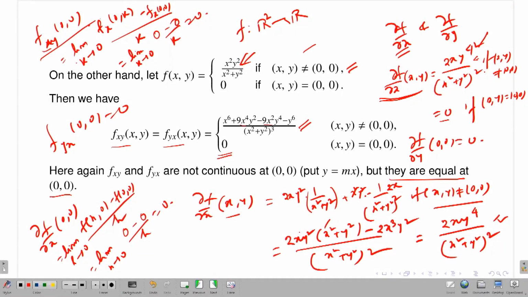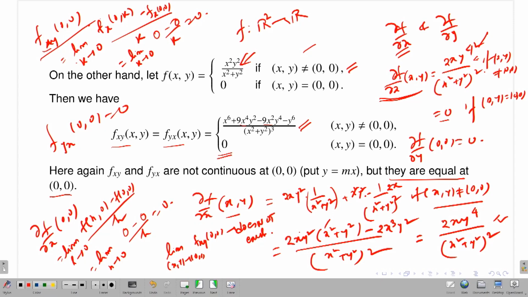If I approach the origin along the path y equals mx, the same way you can conclude it gives different values, so the limit does not exist. So the limit as (x, y) approaches (0, 0) of f(x, y) does not exist, as I explained in my last slides.